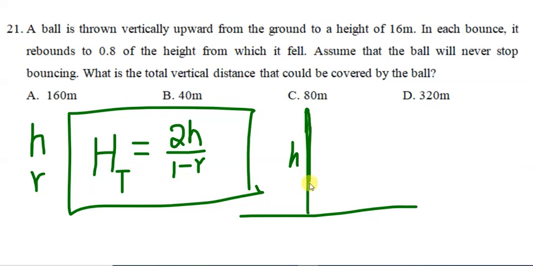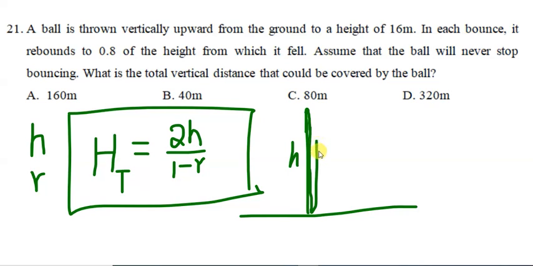Suppose it returns back with the same height. And then it rebounds R times this height. It rebounds upward again. Now the height to which it rebounds must be less than the original height to which it was thrown vertically upward.